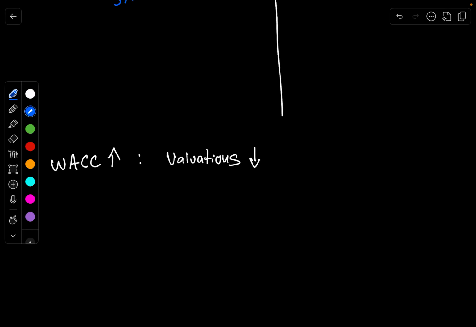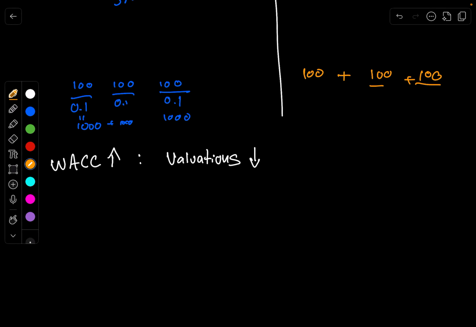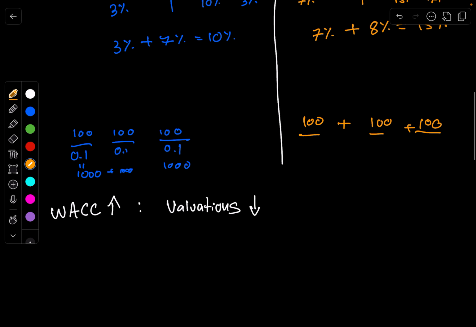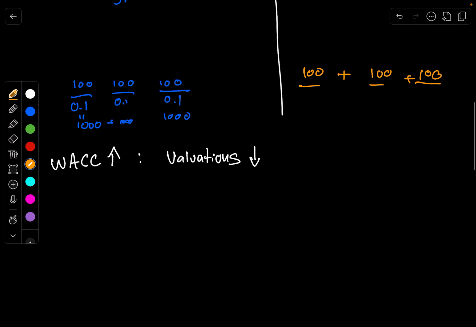So in a developed country, you have $100, $100, $100, and you're going to discount all of that by 0.1. So that's going to give you 1,000, 1,000, 1,000. However, in an emerging economy, you're going to have 100, 100, 100, and all of these are divided by a bigger number, 15%.